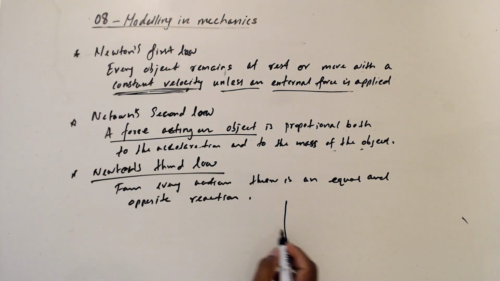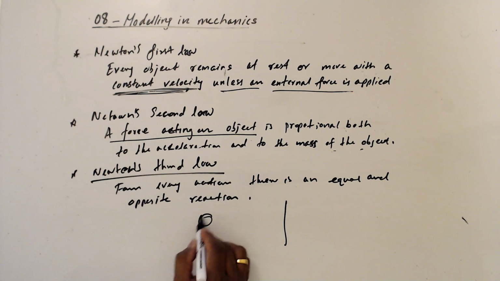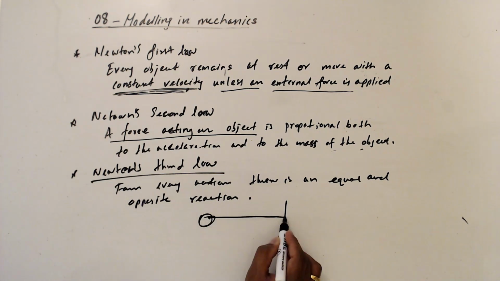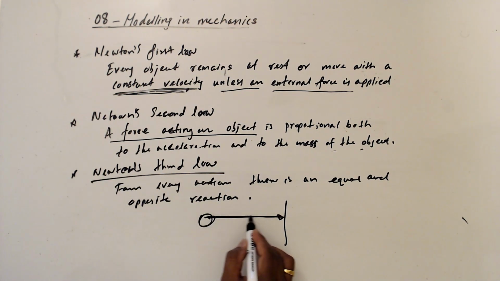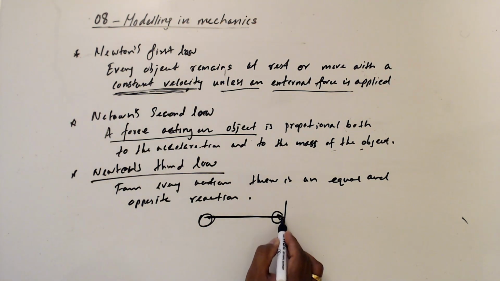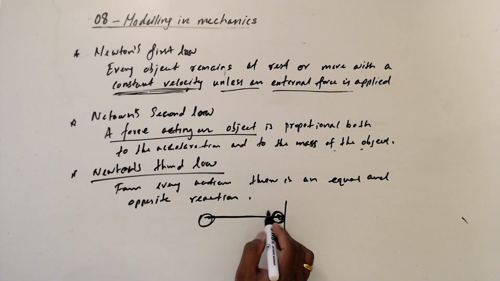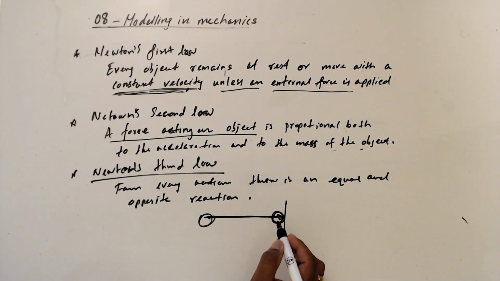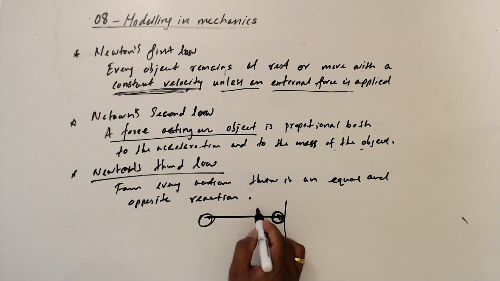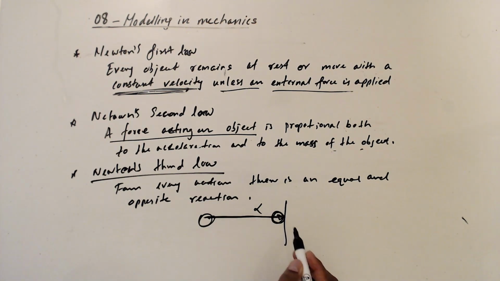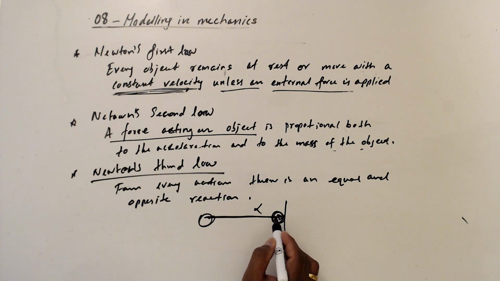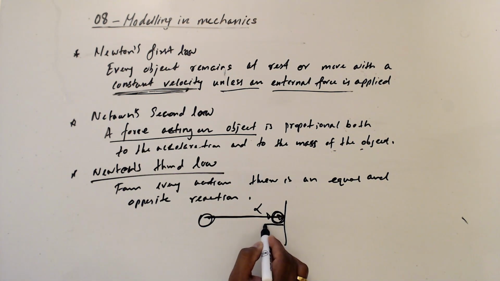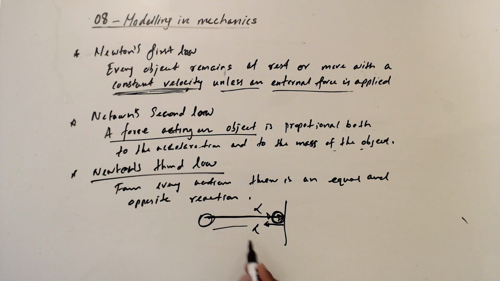Assume you throw a ball at the wall, so this ball will hit with a force. Let the size of the force be alpha, in this direction. Then the wall will give another force to the ball with the same size but opposite. That's why the ball bounces back.